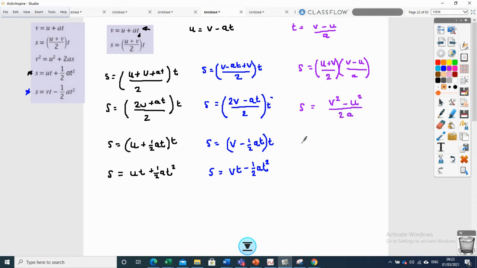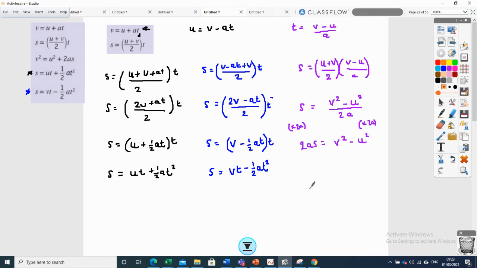We then need to rearrange, so I'm going to multiply by 2a on both sides. 2as is equal to v squared minus u squared.